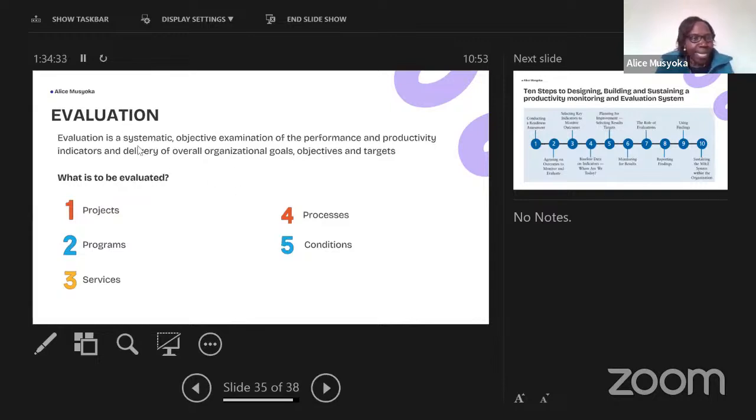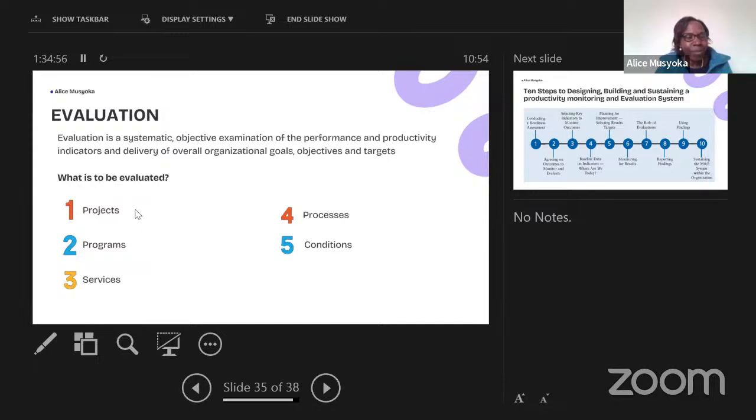We come to evaluation, and we say evaluation is a systematic, objective examination of the performance and productivity indicators and delivery of overall organizational goals, objectives, and targets. That is what evaluation is. So what is it that we evaluate?